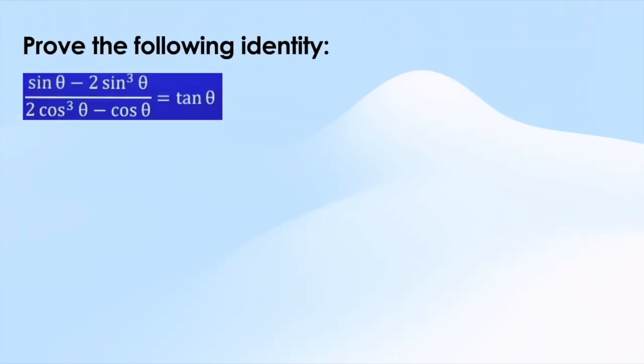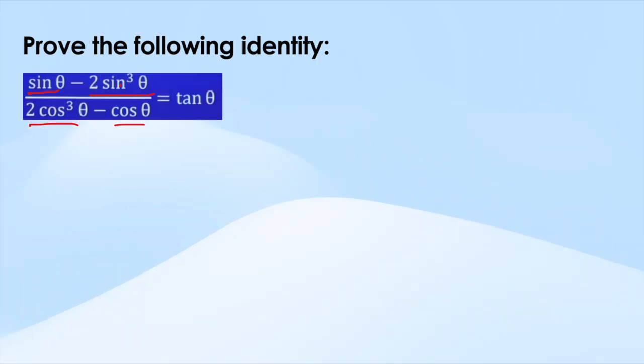Come to the question now. See, what is written? It is sine theta and 2 sine cube theta. In the base we have something about cos, right? We have to equate it to tan theta. Tan theta is sine theta by cos theta, right? So I want some sine theta type of thing in the numerator and cos theta type of thing in the denominator. In the numerator, can't I take sine theta common?